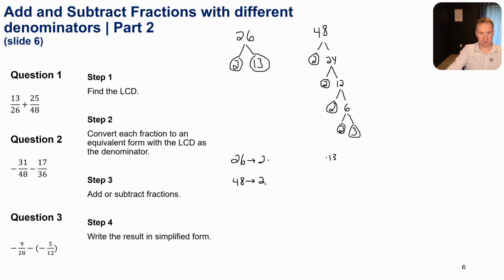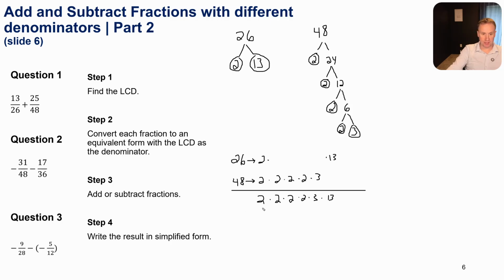So we have 2 times 2 times 2 times 2 times 3 for that 48. So really the only two factors that are common that we're combining down are these two 2's here. So the rest we do have to drop down. So 2 drops down, and then we have another 2, 2, 2, 3, and finally that 13.